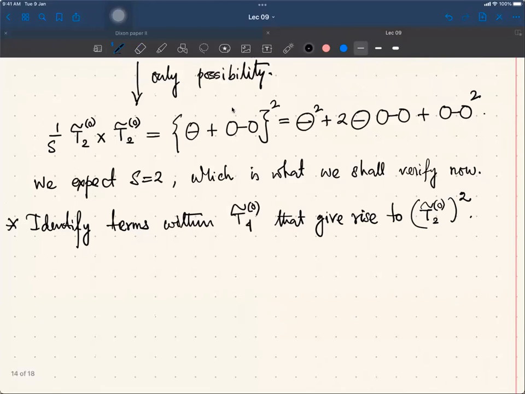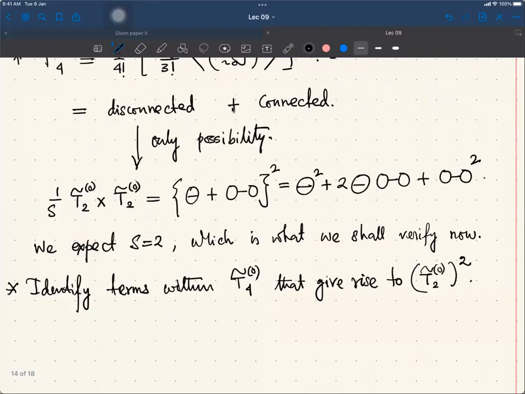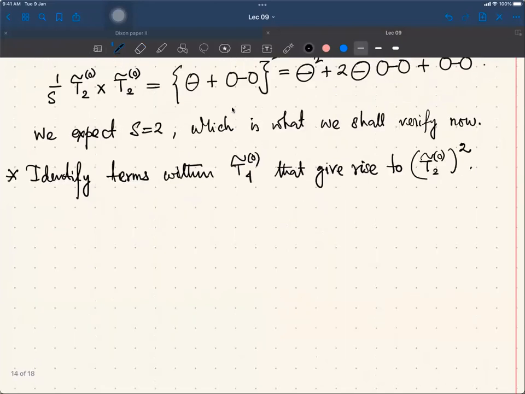So if this 1 over S times T tilde 0,2 squared is sitting in T tilde 0,4, then what should 1 over S T tilde 0,2 squared be?